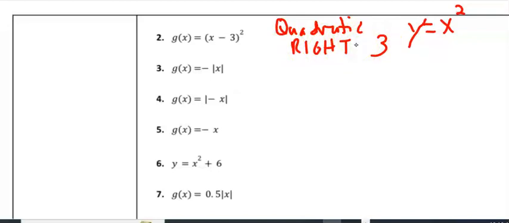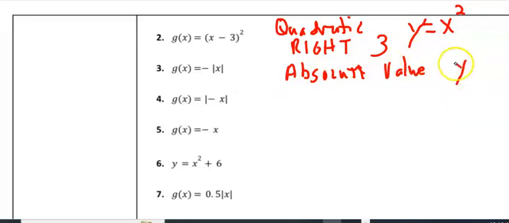Yes or no? The next one, what's the next one? Absolute value. Remember, it's y equals absolute value of x. Got a negative out in front, correct? So that means it's outside the parentheses, which means I'm negating the y, correct?